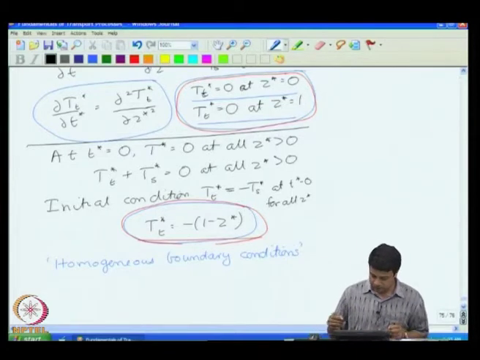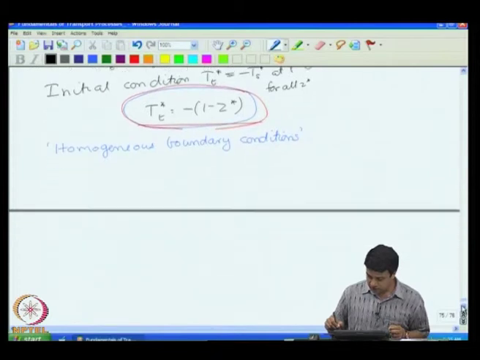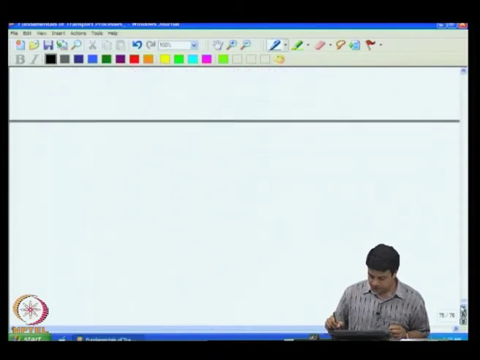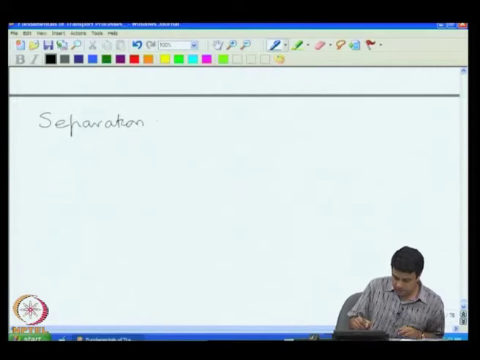So, the solution of these equations, we had briefly started it in the previous lecture, a method called separation of variables.